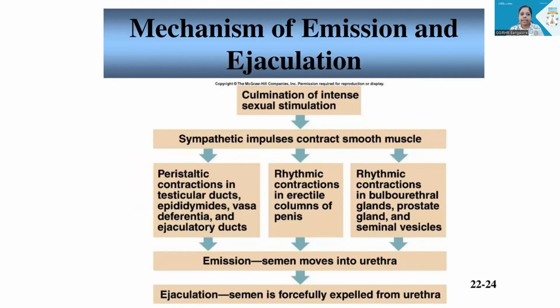So the peristaltic contractions in the testicular ducts, epididymis, vas deferens and ejaculatory ducts, along with rhythmic contractions in the erectile column of the penis, and rhythmic contractions in the bulbourethral glands, prostate gland and seminal vesicles, lead to emission, that is, semen moves into the urethra, and then ejaculation, where it is forcefully expelled from the urethra.